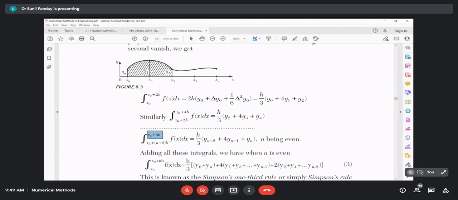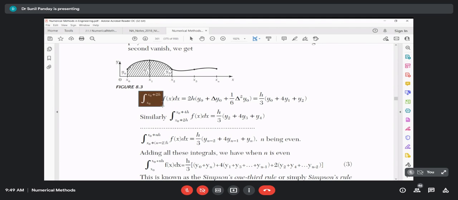Now the first integration is my I1. It contains x naught, and there is another point x1 which lies in between, x naught plus h and x naught plus 2h.